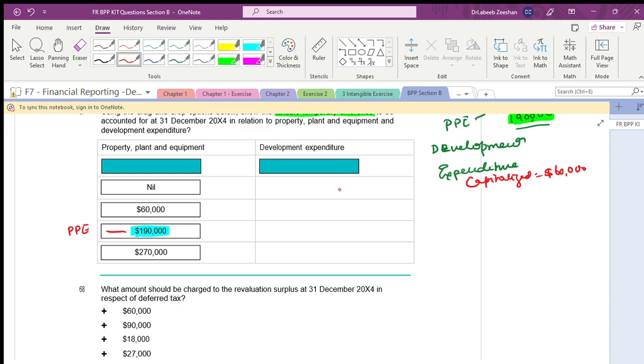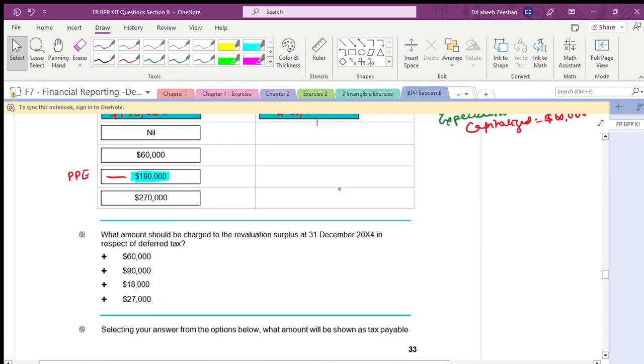Development expenditure, this is going to be 190,000, and development expenditure will be 60,000.